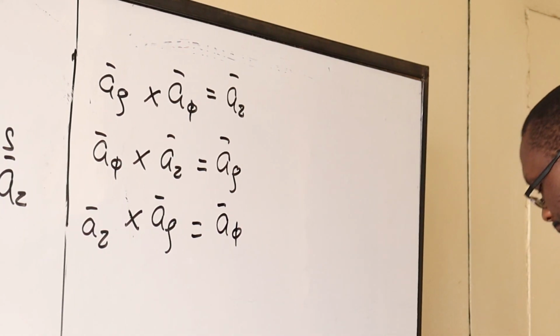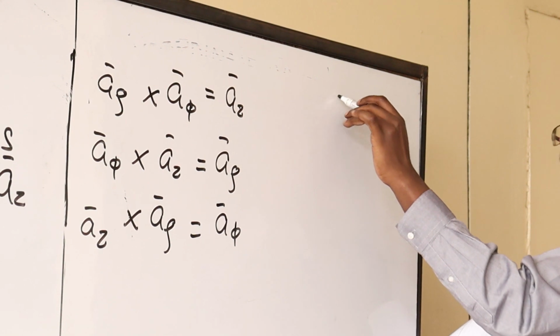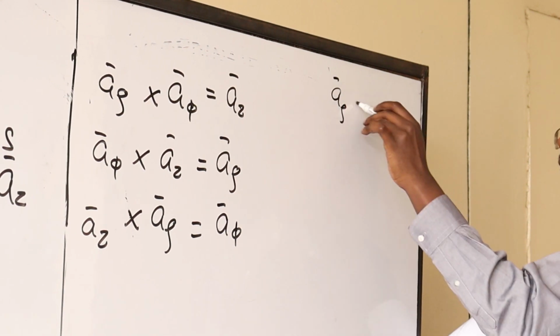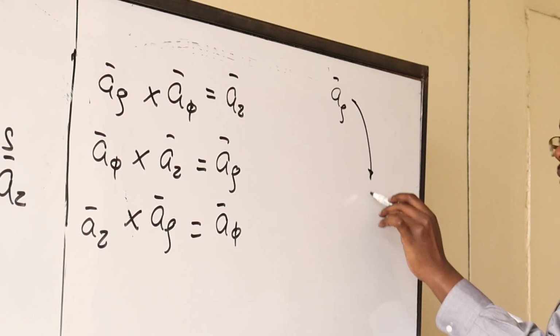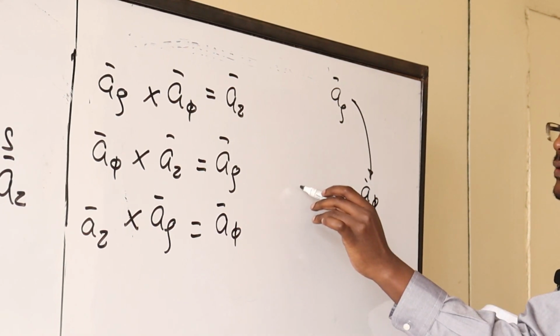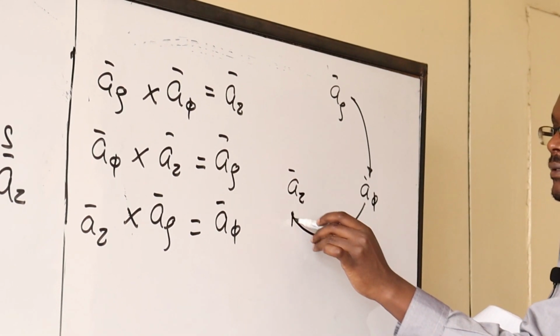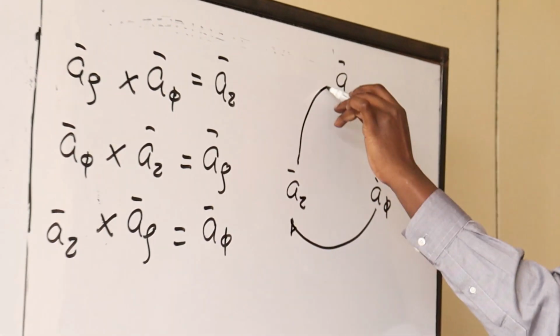We can still do a cyclic permutation method, and we will have a rho, a phi, then a z, so that we have that.